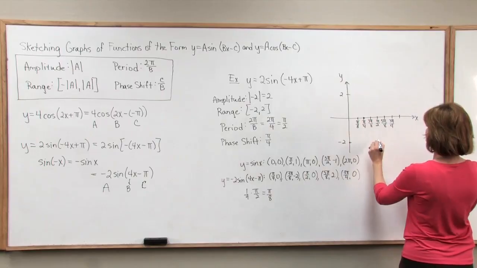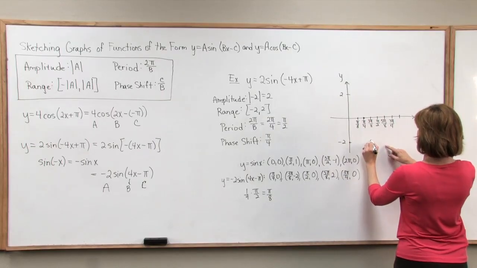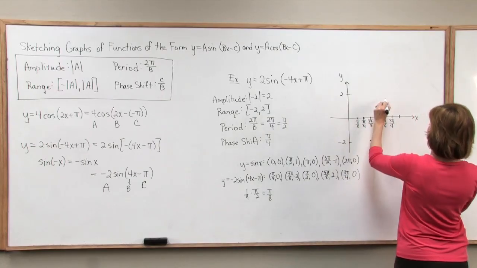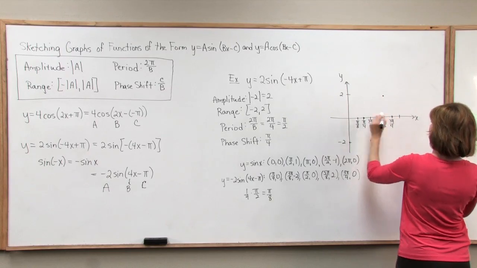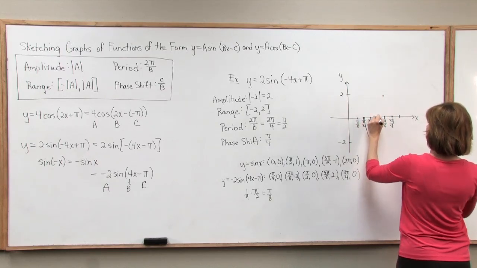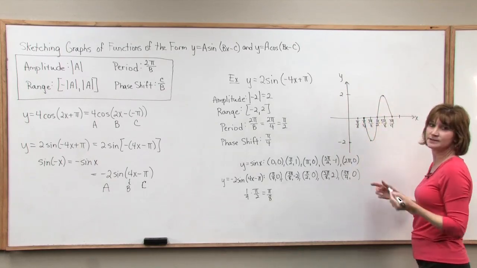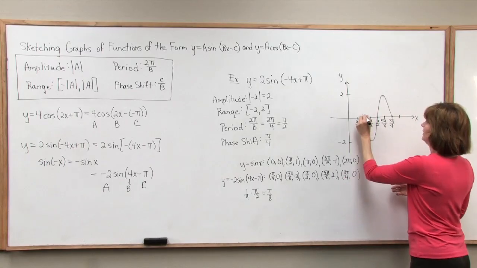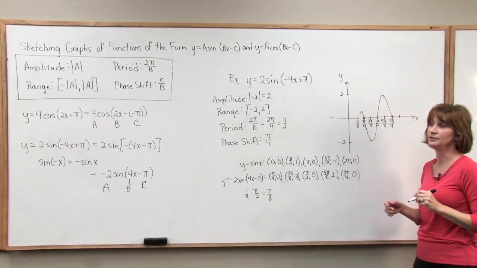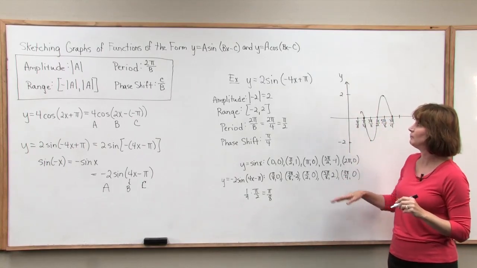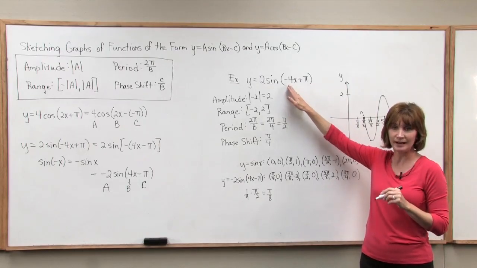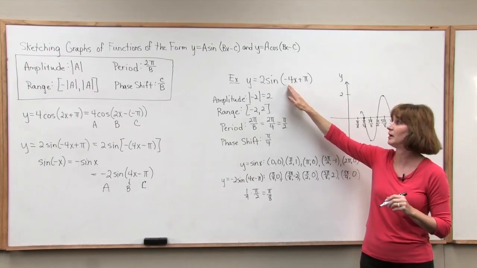And then it's decreasing first. So 3 pi over 8, negative 2, back to 0, 2, back to 0. And of course, since we have one cycle, we can continue this graph in either direction. It's going to just continue the graph. So remember, very important when b is negative that you rewrite it first to get b positive.